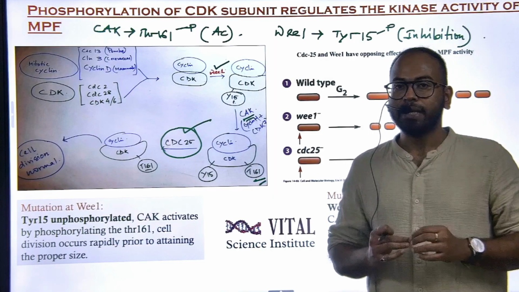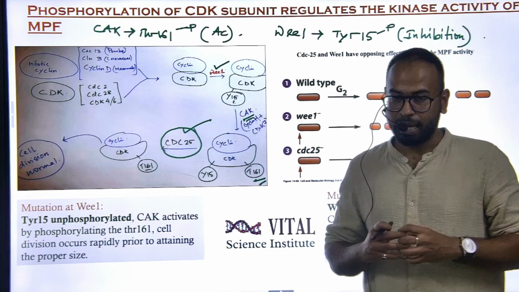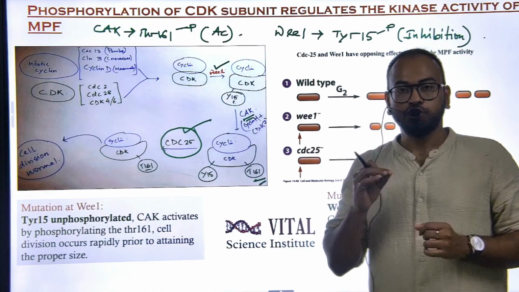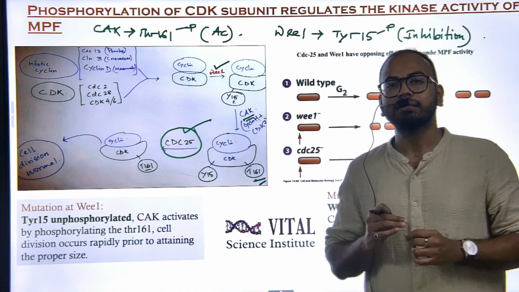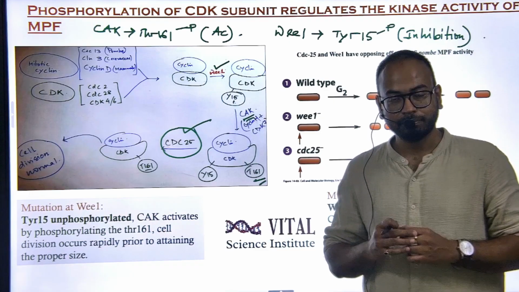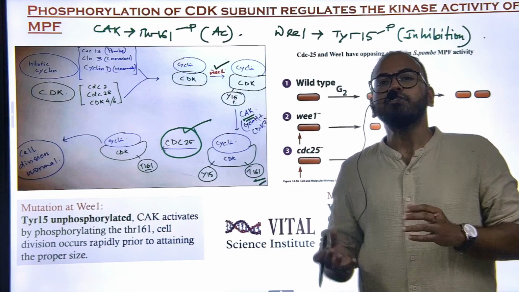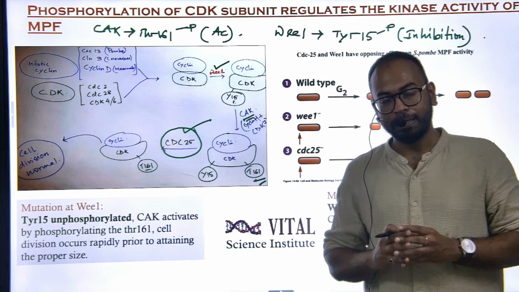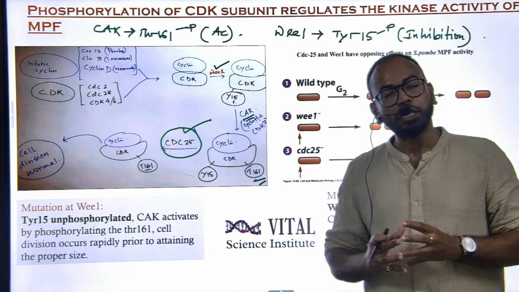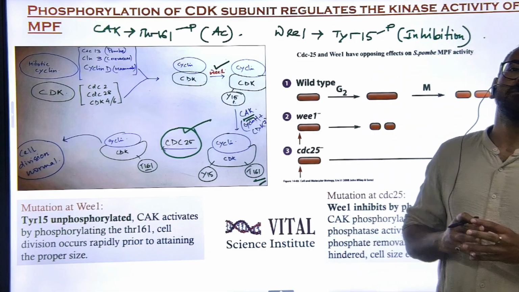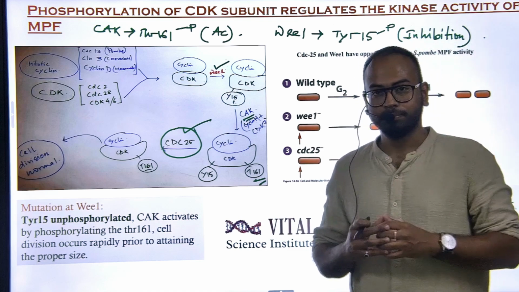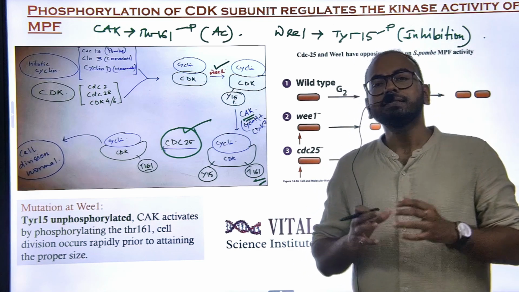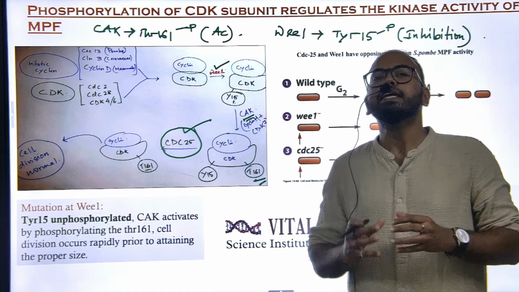V1 phosphorylates a specific residue at CDK, and that phosphorylation occurs at tyrosine 15. This kind of phosphorylation at tyrosine 15 is kind of an inhibitory approach.